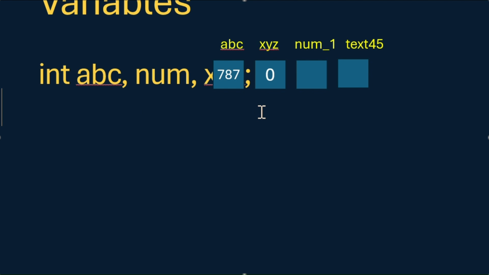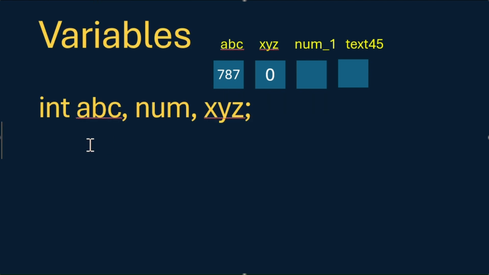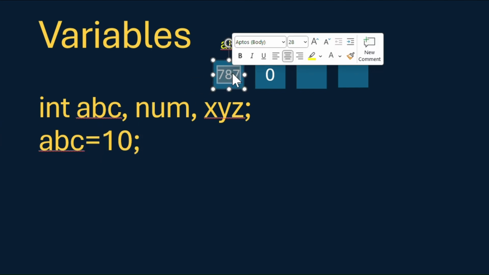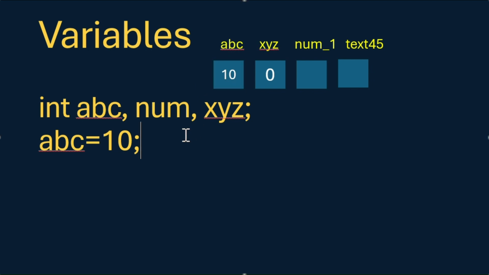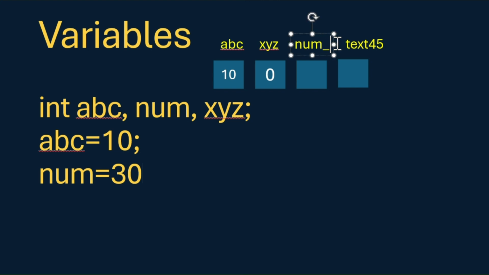I can give the values in the next line also. I can write ABC equal to 10, so now this value will be changed to 10. Again I can write num is equal to 30, so here the variable num's value will be changed to 30.